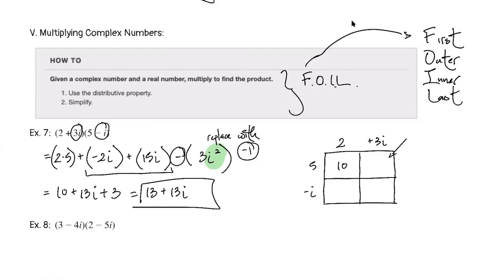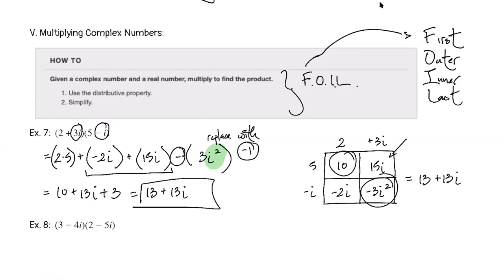Yeah, the 15i would go here. In the bottom left hand, I would get negative 2i, and here I get negative 3i squared. Okay. So when I combine everything, I can see that I have 10 plus 3, that gives me 13. And then 15 minus 2i is plus 13i.